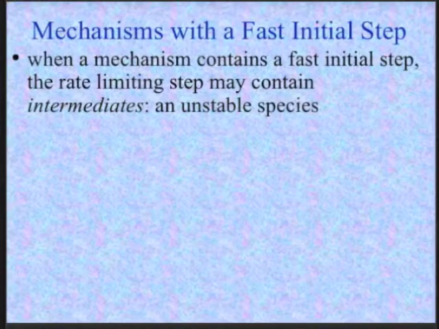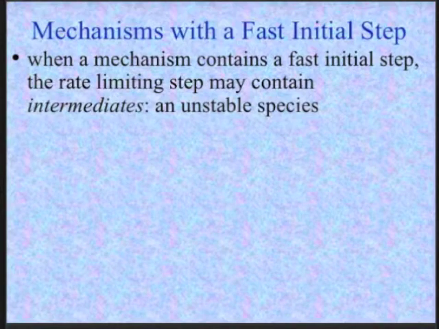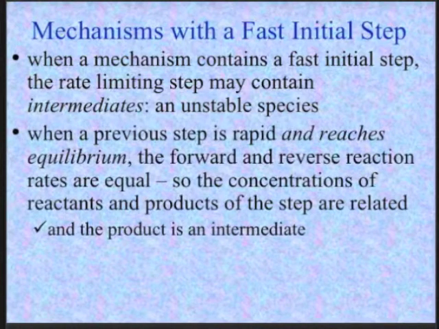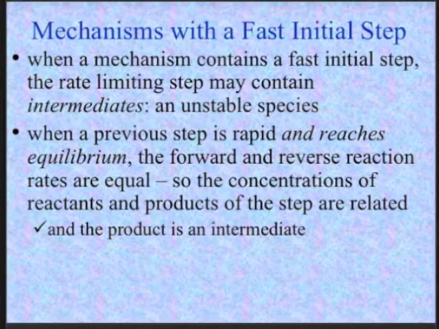Now, what if we have a situation where we have a fast initial step followed by a slow step? Well, it's a little more complicated than if we just have a slow step followed by a fast step. When a mechanism contains a fast initial step, the rate limiting step may contain intermediates or unstable species. And when a previous step is rapid and it reaches equilibrium, the forward reaction and the reverse reaction are occurring at the same rate.